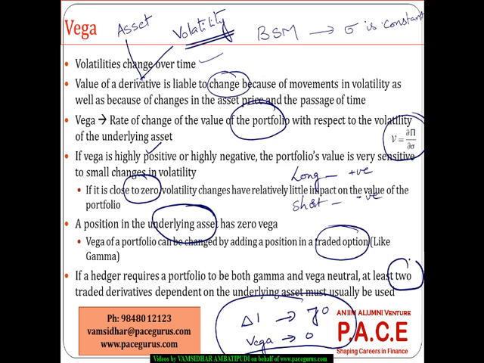I may depend on more of them, but at least two of them are very much required, and both of them will introduce additional deltas. So overall, if I have to make the final portfolio delta neutral, then I have to take the position in the underlying asset accordingly.